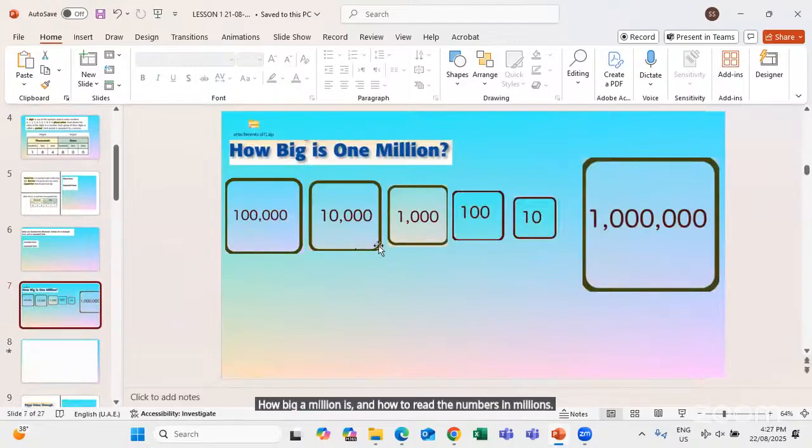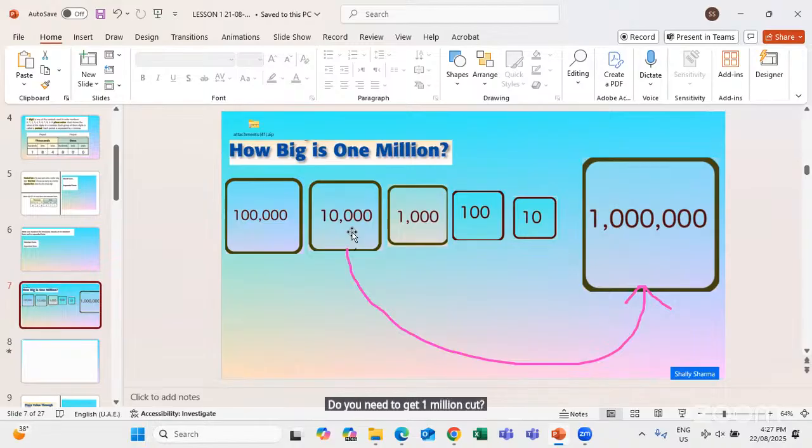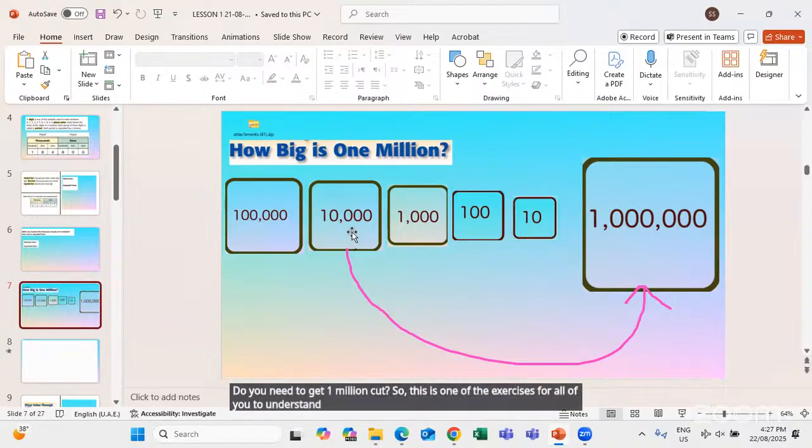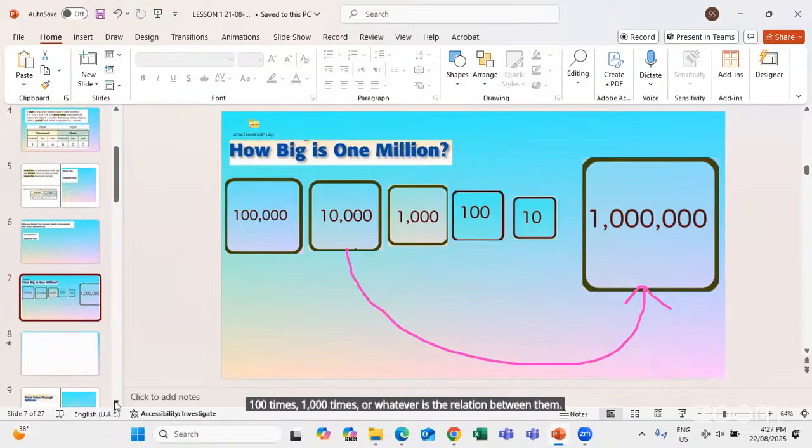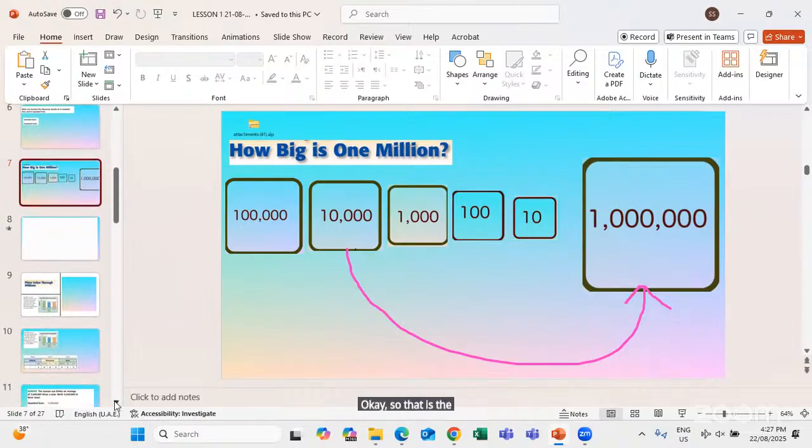I want you all to tell me, if you take these 10,000 cards, how many 10,000 cards do you need to get 1 million cards? This is one of the exercises for all of you to understand how big 1 million is as compared to 10,000. Is it 10 times, 100 times, 1,000 times, or whatever is the relation between them? That is the practical activity you all can do.